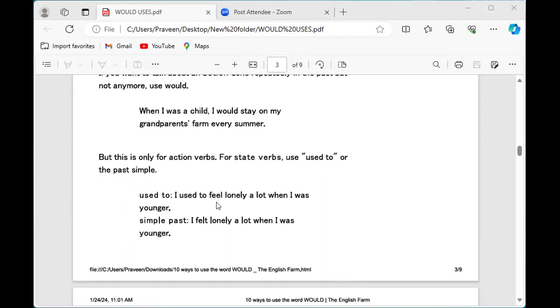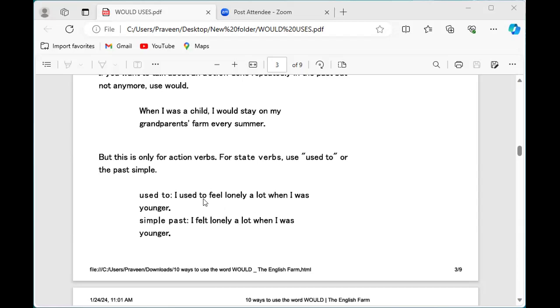See here, I used to. These are all emotions. When we use emotion verbs, that time we should add used to. This is your emotion, that is your loneliness, like love, feelings.